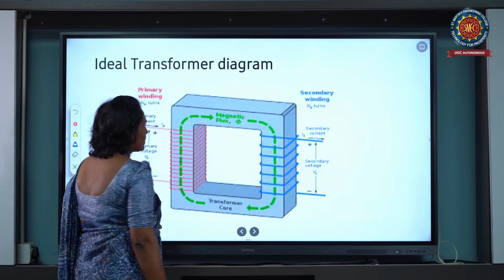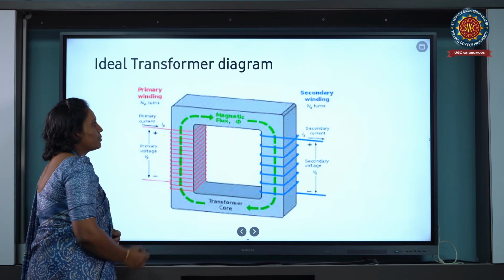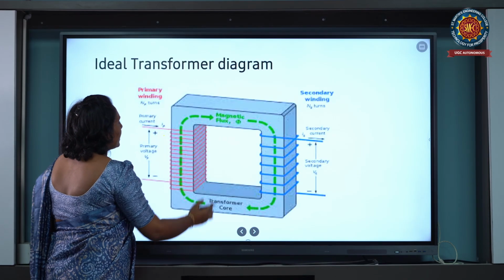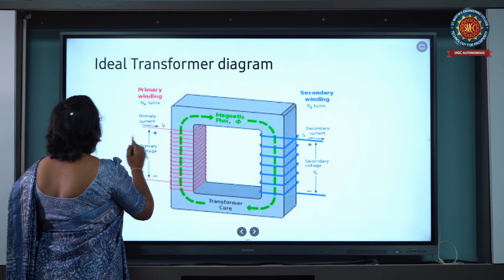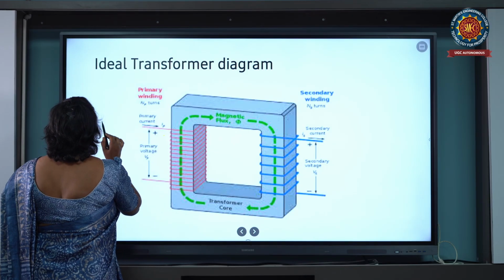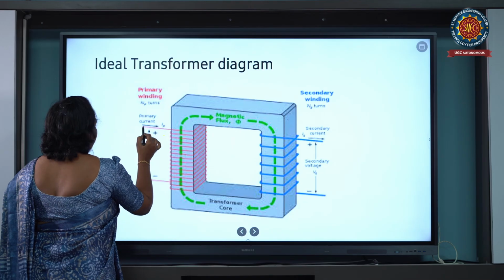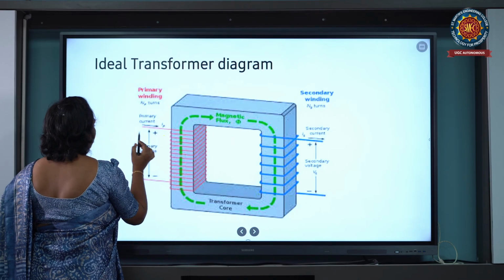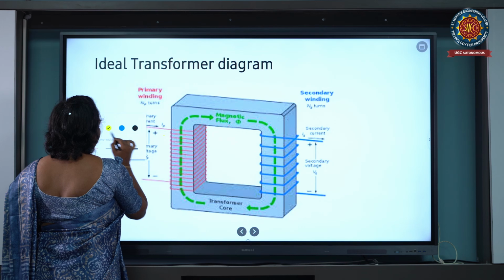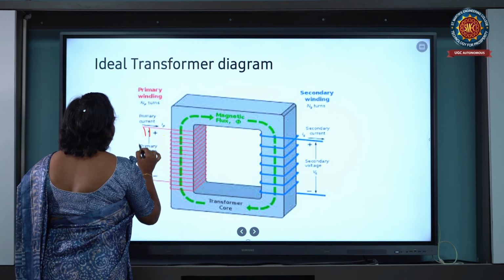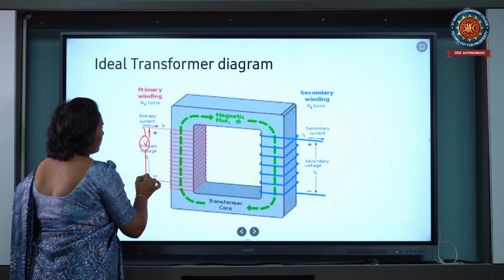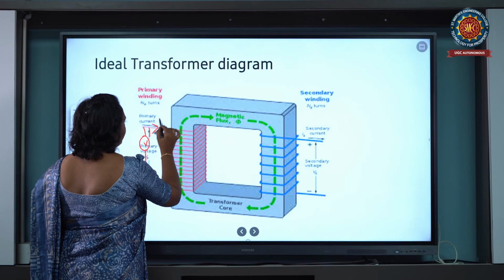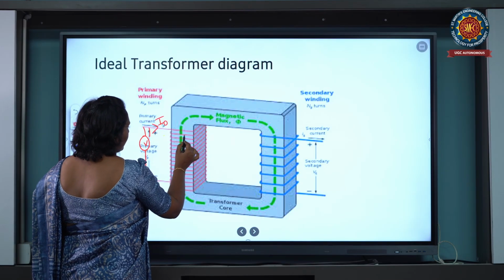Next we'll discuss the working principle of the ideal transformer. In the ideal transformer, on the primary side we connect the supply voltage, and on the secondary side we have the no load condition. In the primary side we give the supply voltage, so the current I0 passes through the primary winding.